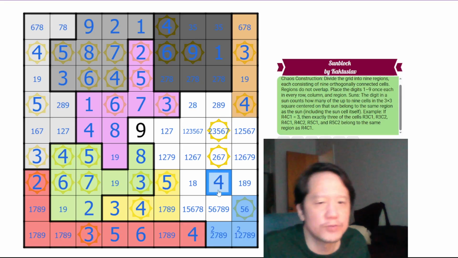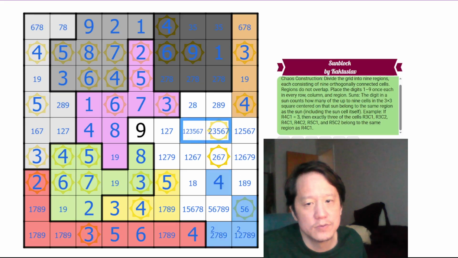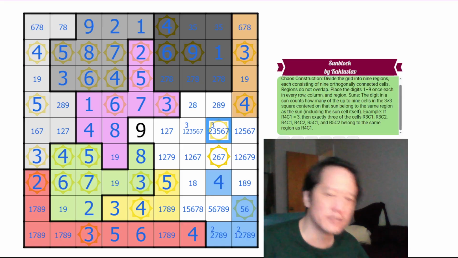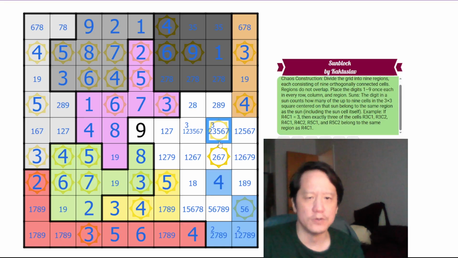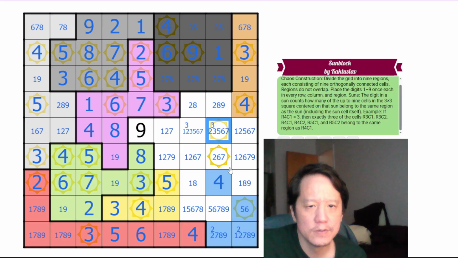Where is 3 left in row 5? Where's 3 in the blue region? It has to be one of these two. So 3 is one of those. That means blue has to go all the way up there. So if this is... Can it reach here without going through here?